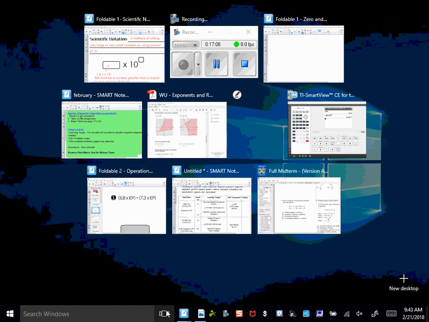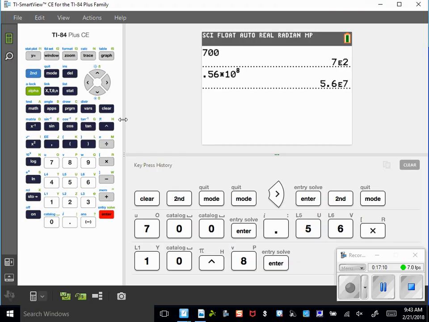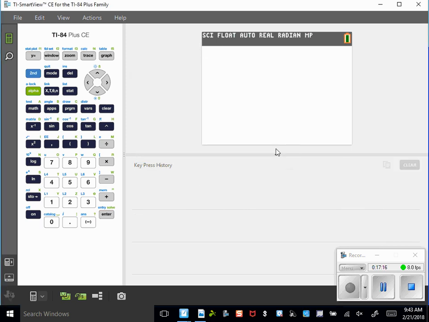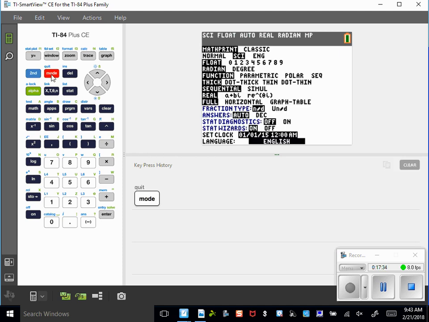All right, so what you're going to do is you're going to go to your calculators, okay? And I'm going to clear all of this out. So when you go to your calculator, pay attention, because again, this is all going to be a calculator exercise. So we're going to put our calculators in scientific notation mode. So we're going to press the button right here that says mode.